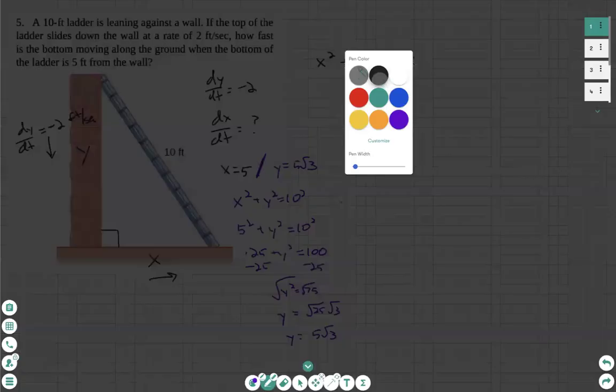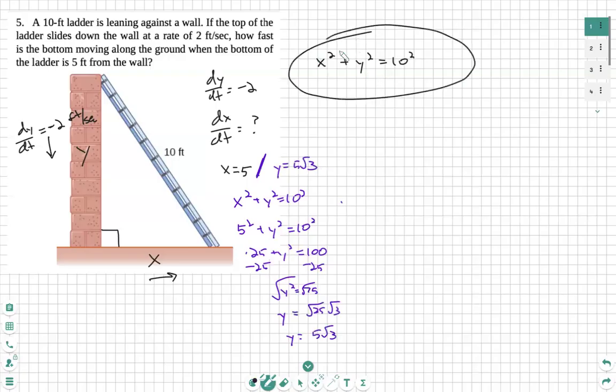So now let's get back to our original equation. We need to derive this. That's how we find dx/dt. In order to do that, we're going to implicitly differentiate the entire equation. That means if I differentiate a variable, I need to put dx/dt or dy/dt every time I see that variable. So the first thing we're going to do is x. x squared becomes 2x.